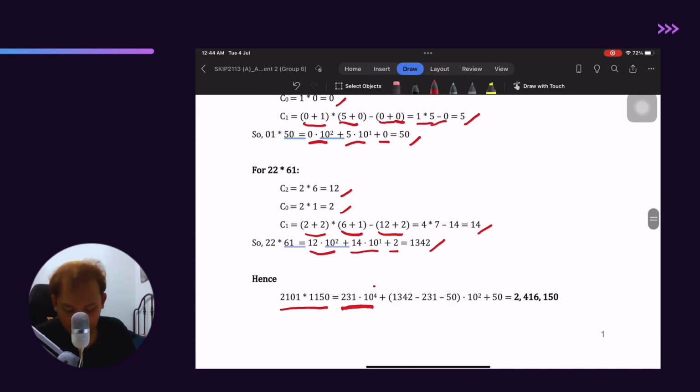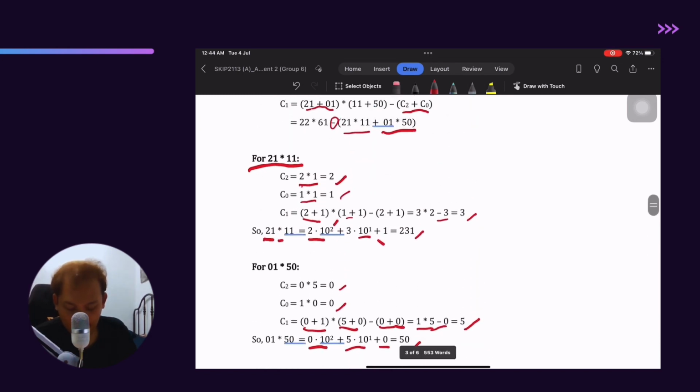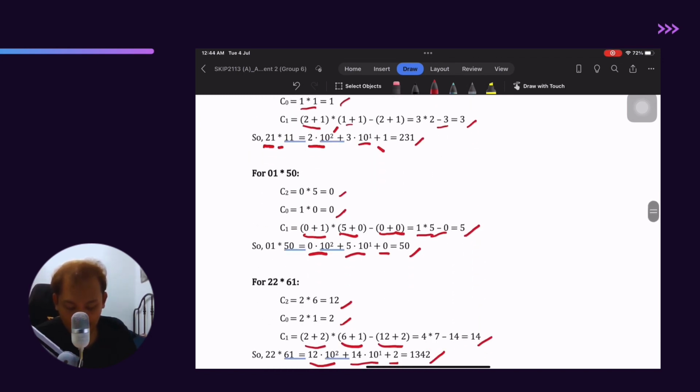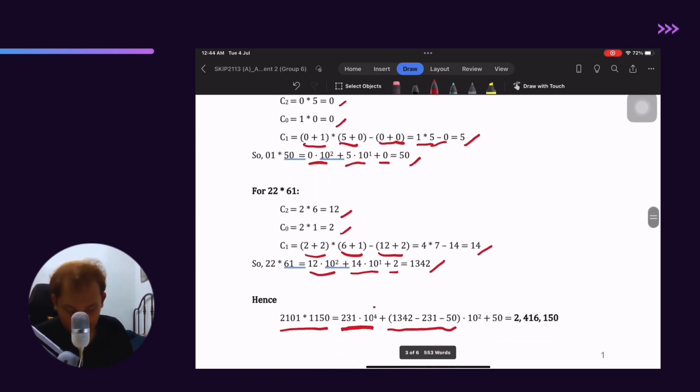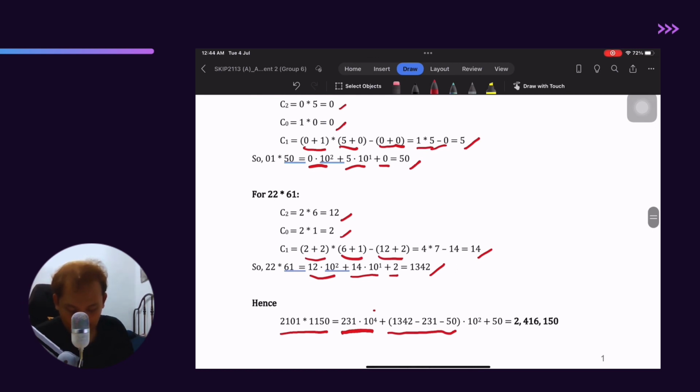Then we plus 1342 minus 231 minus 50, from the steps we did earlier, and the placement of the digit is 2, so we times by 10 exponent 2, and then plus 50.